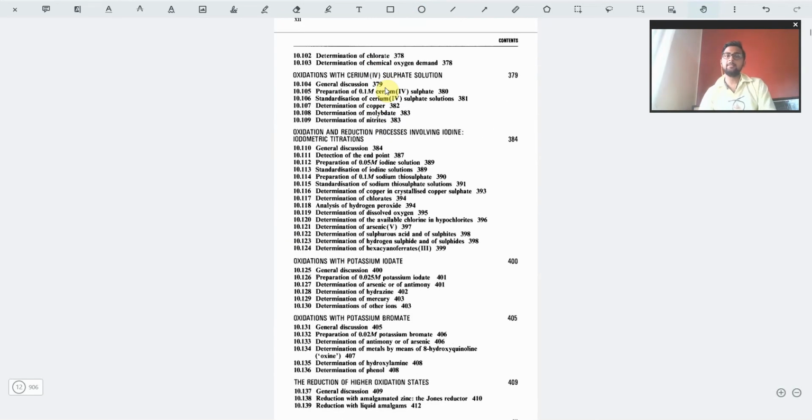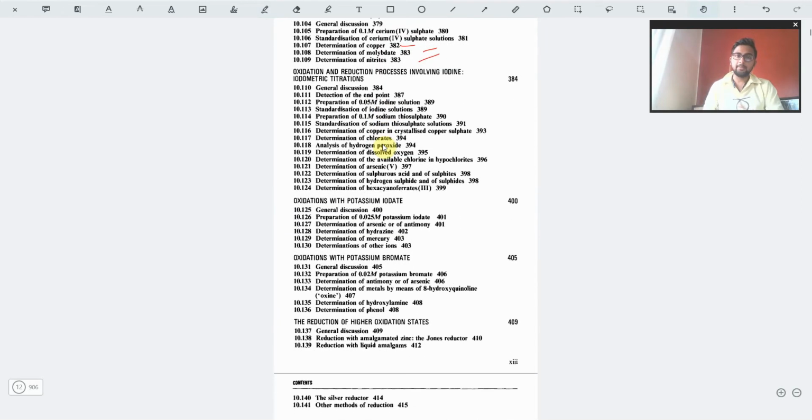Then we have oxidation with cerium sulfate, cerium 4 plus titration, which involves the determination of copper, molybdate, and nitrate. Then we have oxidation reduction procedure involving iodine, iodometric titration. This is an extremely important part for both practical and theory purposes, because people normally confuse iodometric and iodimetric titrations.